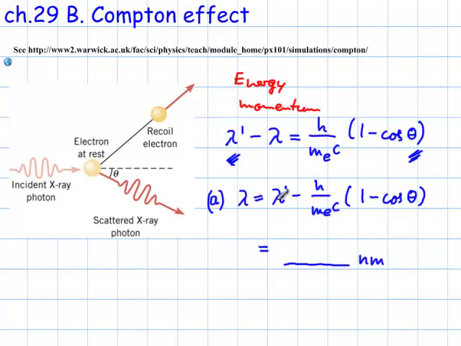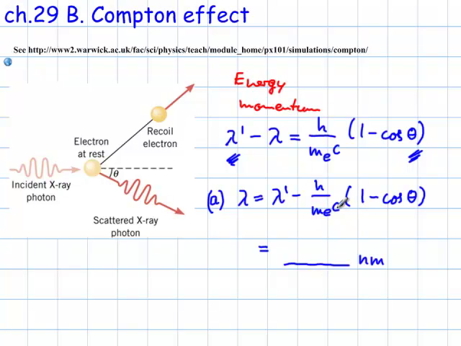This one here is given in the problem as 0.1867 nanometers. This one here would be Planck's constant, 6.626 times 10 to the negative 34. This one here is the mass of the electron, that is the rest mass, 9.1 times 10 to the negative 31 kilograms.